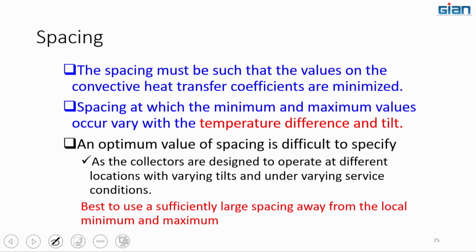Spacing is also important: what spacing is appropriate between the glass cover and the absorber plate. This also plays an important role because it's related to heat transfer. If you take a certain heat transfer coefficient, the Nusselt number, and the delta T variation, it will be something like this.